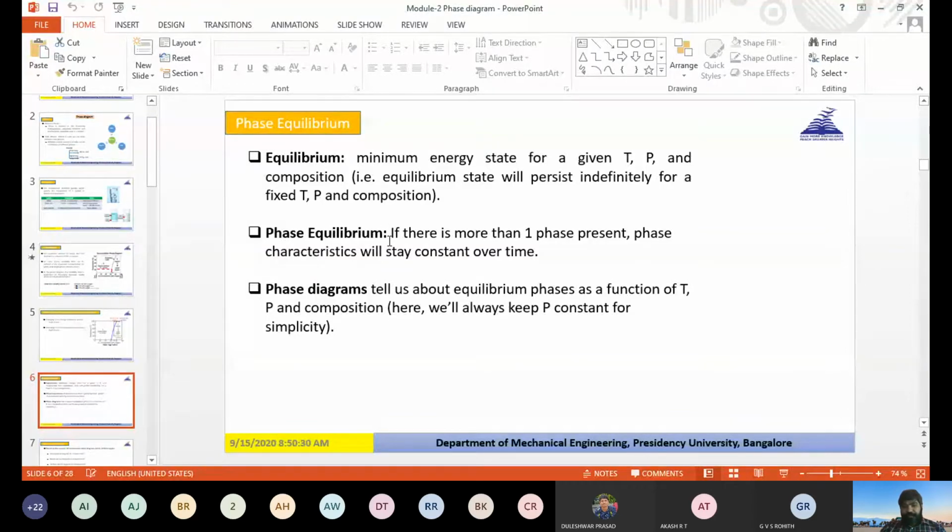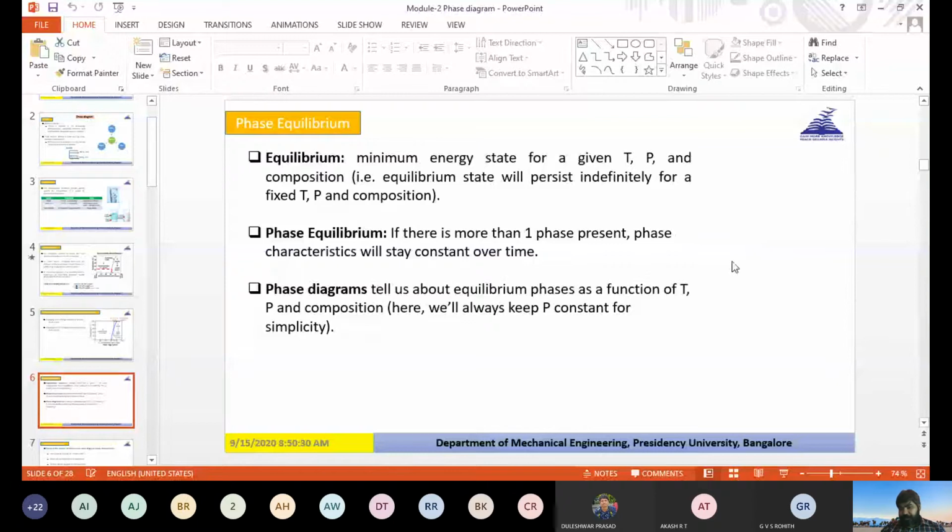Now just to understand this phase equilibrium, let us take the example of again the water and ice system. At room temperature, suppose you have taken a glass full of water and you put ice into it. What will you find? All the ice is going to melt into the water.